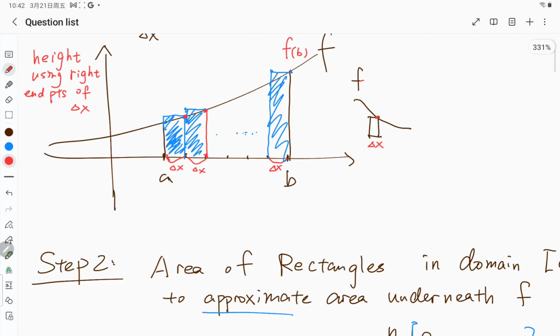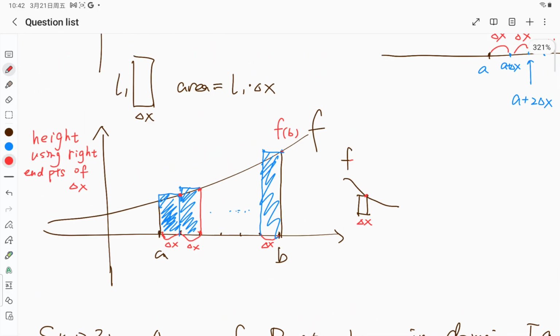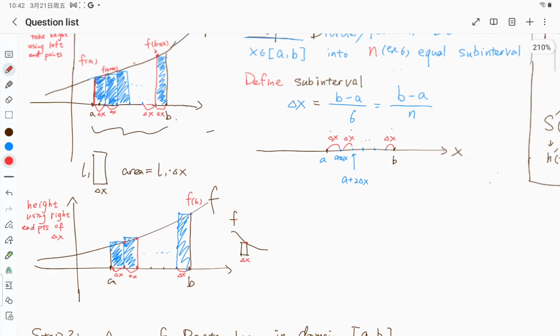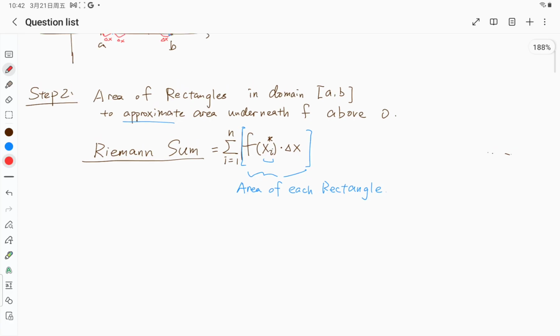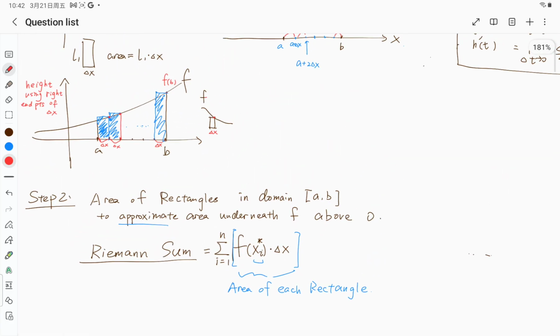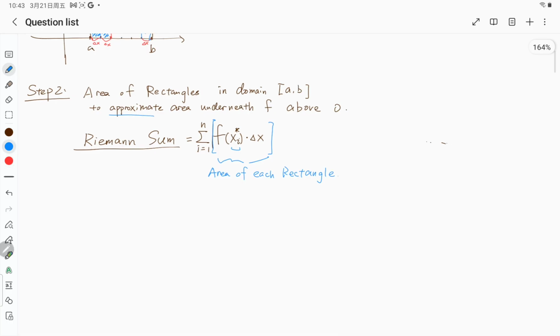Okay, and as you can see, there is a difference in the area of the rectangles when we take the left endpoint and the right endpoints. And then you may have a question: will the Riemann sum, which is the area of the rectangles, be different? Yes, exactly. It will be different depending on how you choose the x_i, how you choose the height.